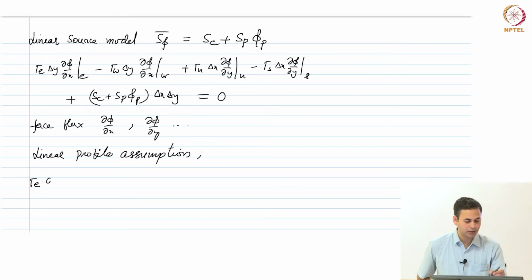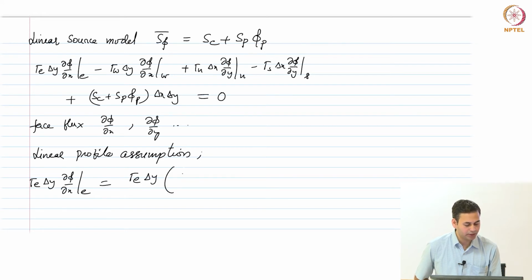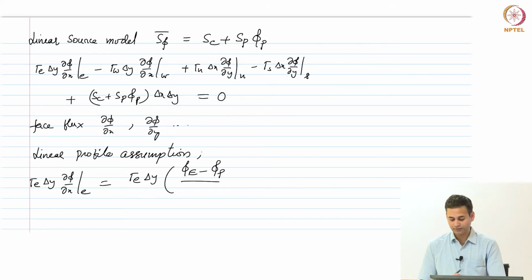That is, gamma east delta y partial phi partial x east as gamma east delta y times phi capital E minus phi p upon what? What would be the distance by which this is changing? Del x E, because that is the distance between the cell centroids.